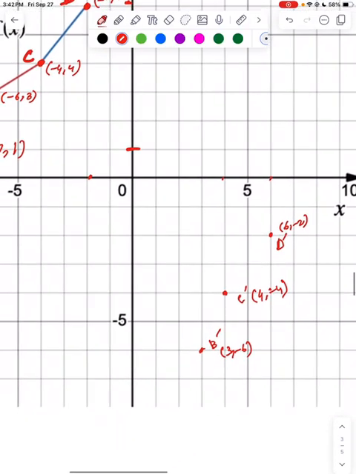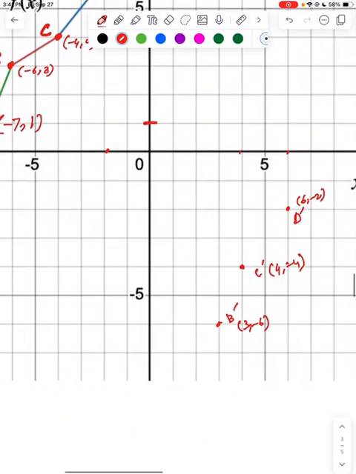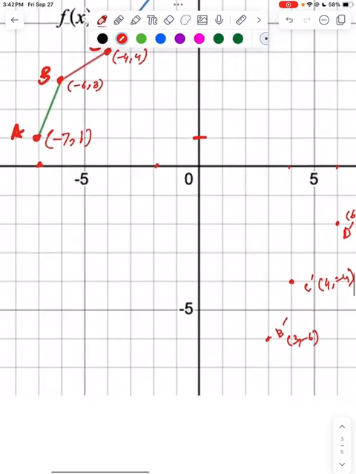The last one, which is negative 7, 1, will become 1, negative 7.